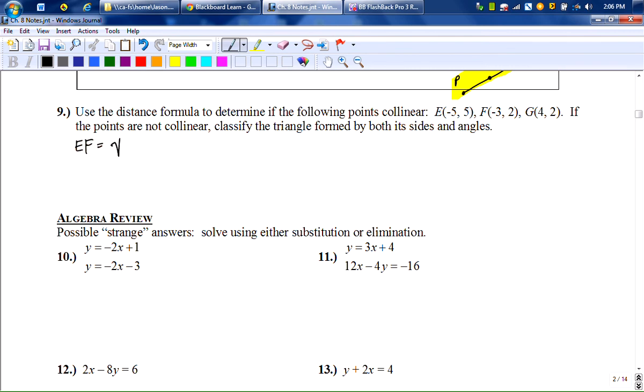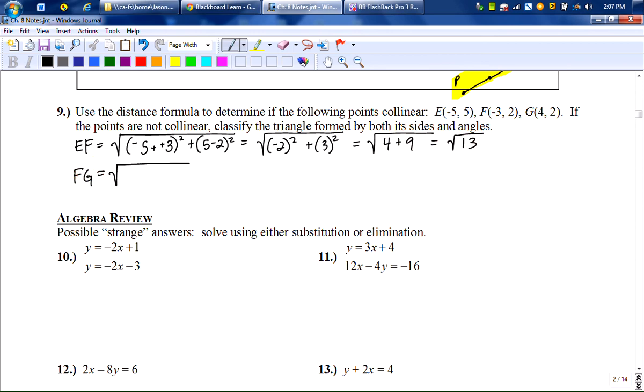So we'll find the distance for EF. FG, and the last pair, which is EG.